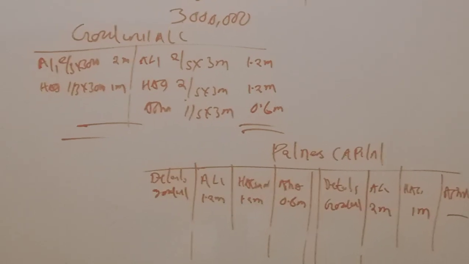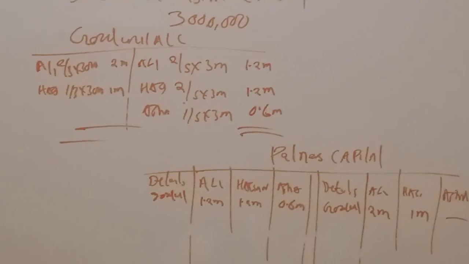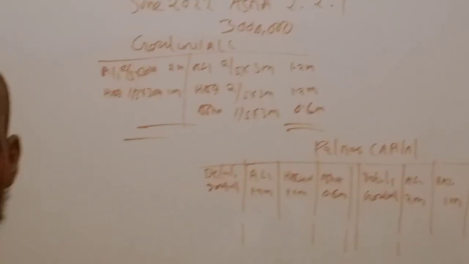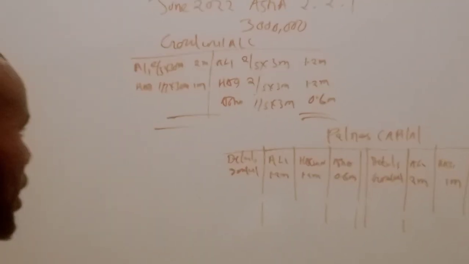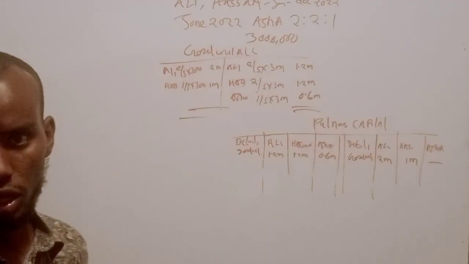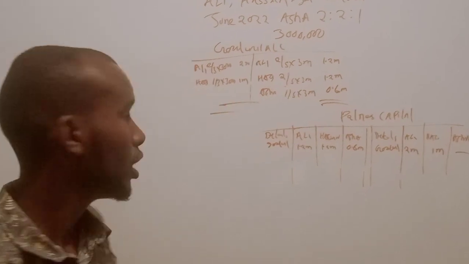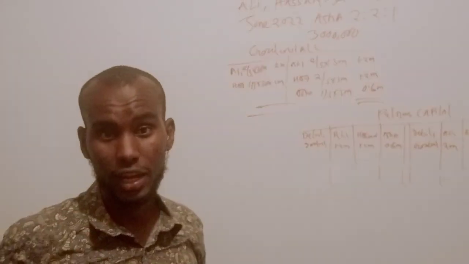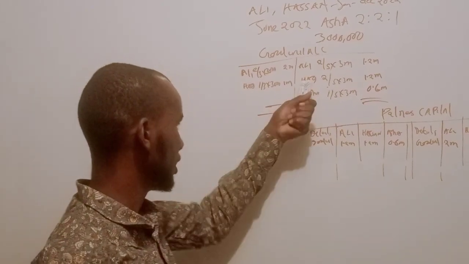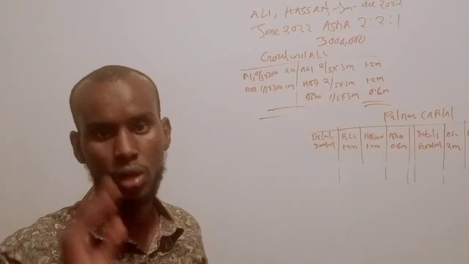Whenever we introduce a new partner, he or she will pay a goodwill. That goodwill will be shared by the two partners in the previous sharing ratio by debiting the goodwill account and crediting the partner's capital account with the previous sharing ratio. Now, when we are closing the goodwill account, it will be shared by the three partners in the new ratio. Now we are done with the goodwill.